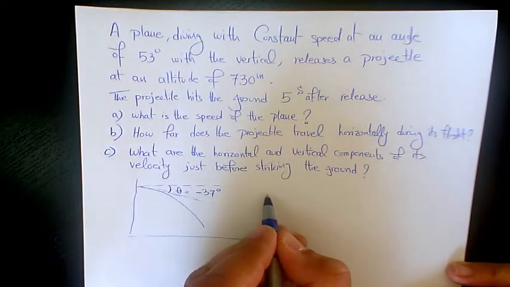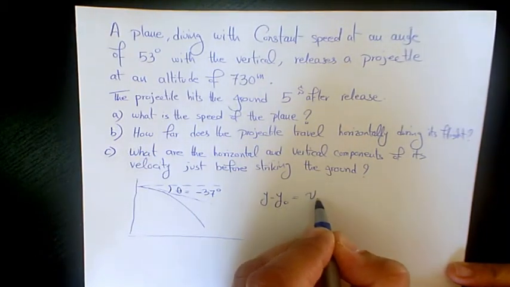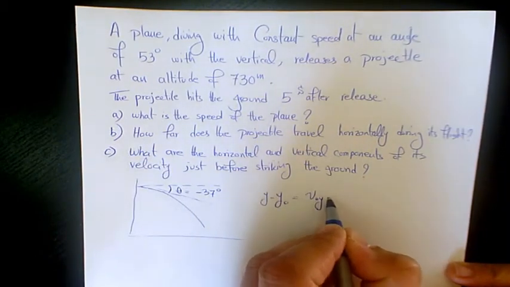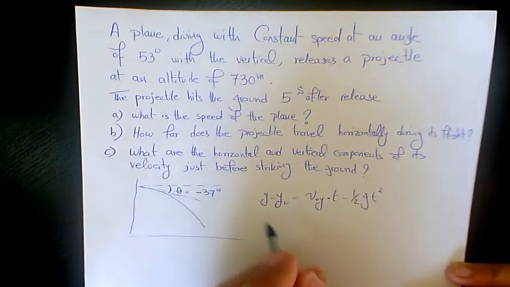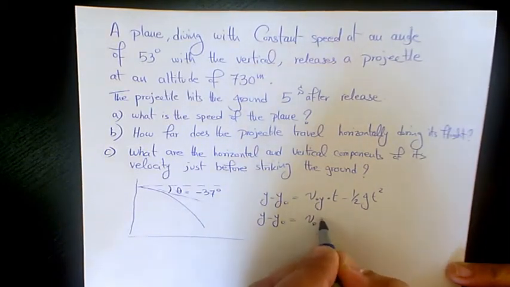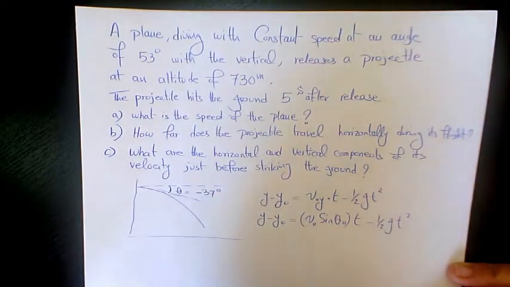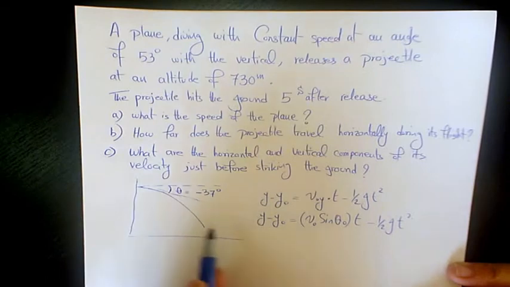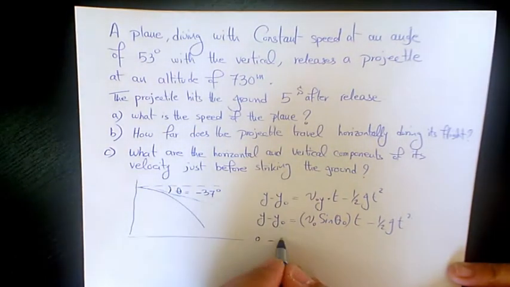So we have y minus y naught equals V naught sine theta naught times t minus 1/2 gt squared. So final height is going to be 0, obviously, and the initial one, as it says, is 730.